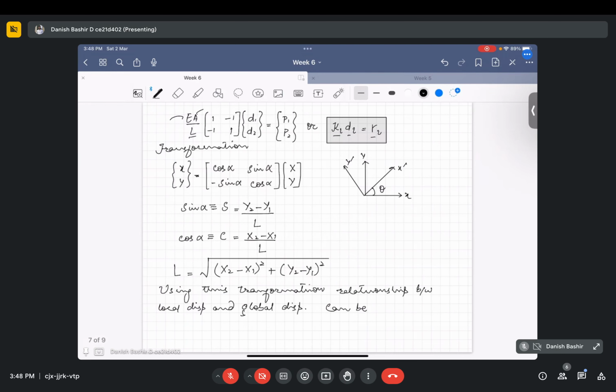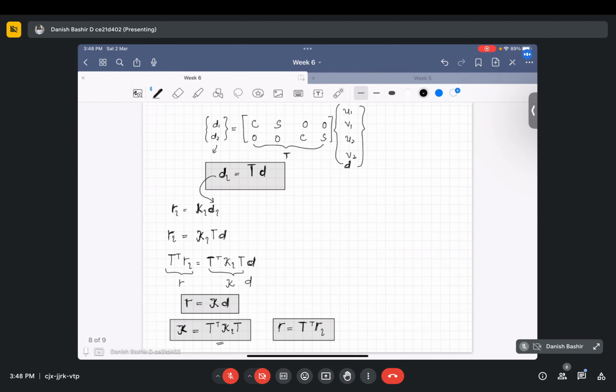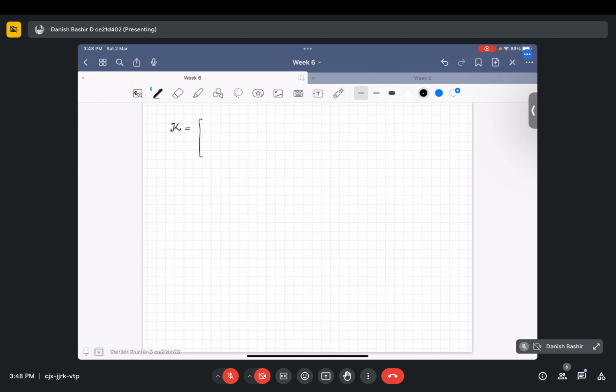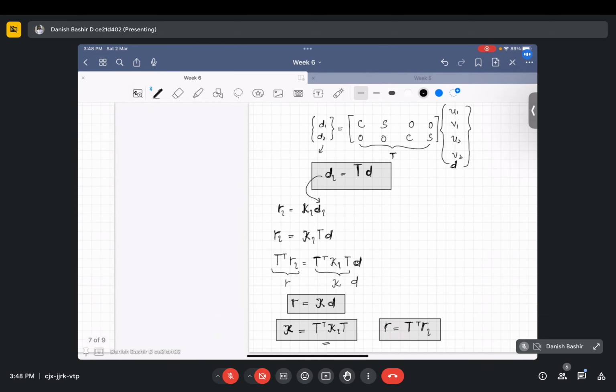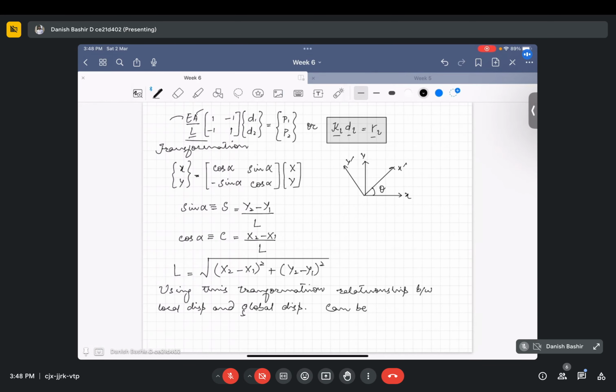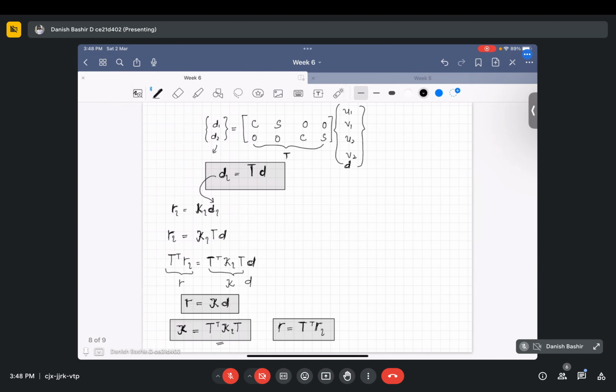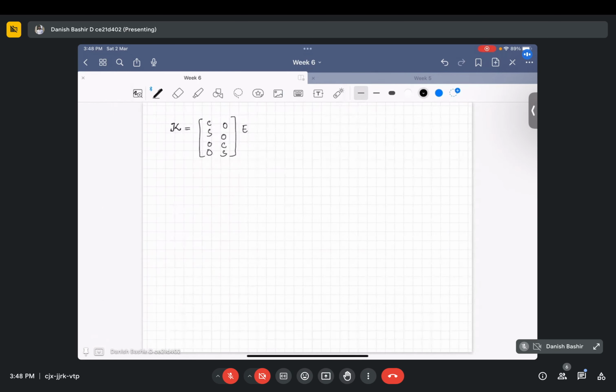Our transformation matrix is this, and we have to take its transpose, which is cosine 0 0 0 0 cosine, multiplied by the local stiffness matrix, EA by L times 1 minus 1 minus 1 1, multiplied again by cosine 0 0 0 0 cosine.